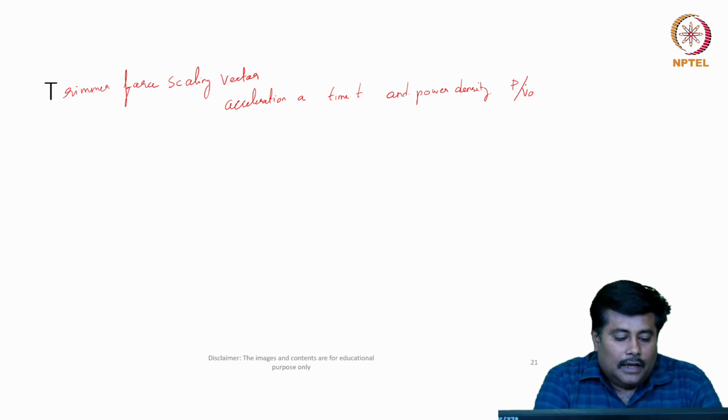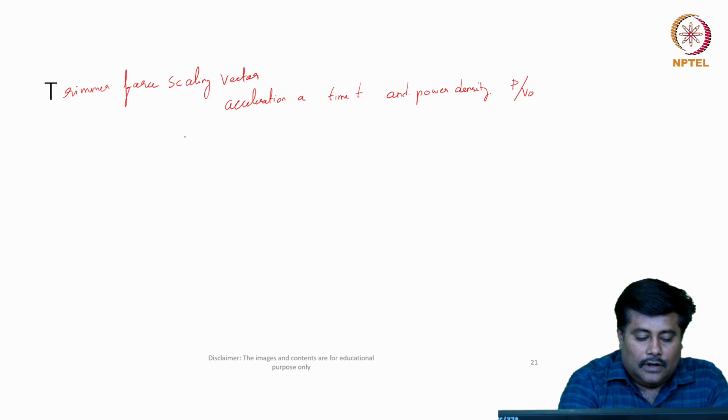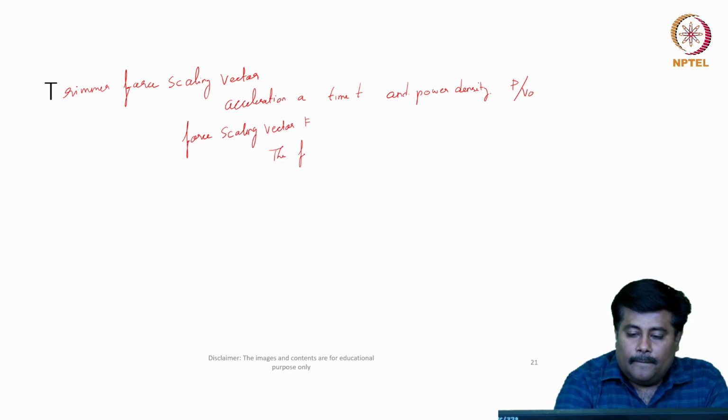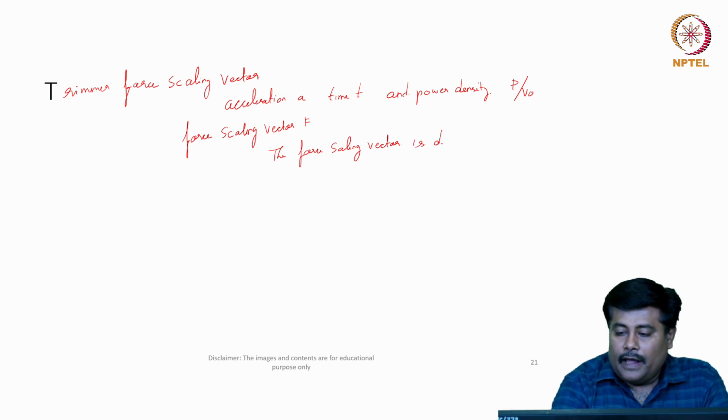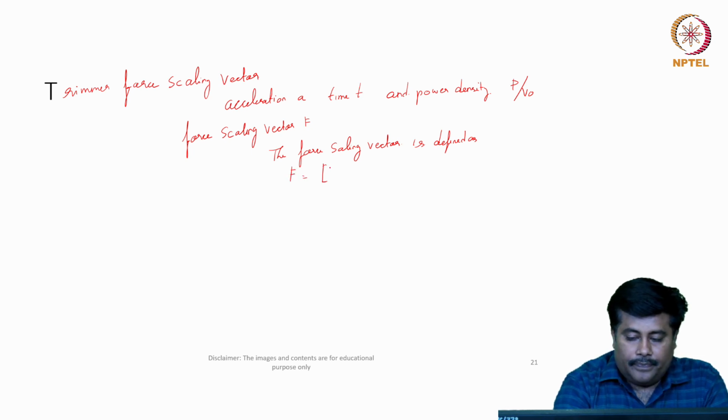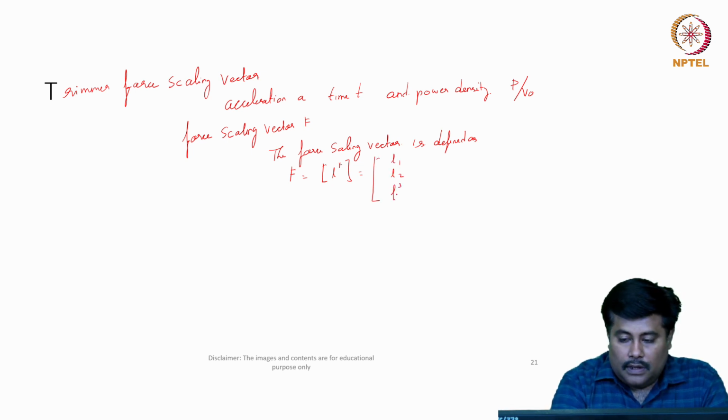So, this matrix has a generic name which we call the force scaling vector F. The force scaling vector is defined as F equals LF, which is L1, L2, L3 and L4.